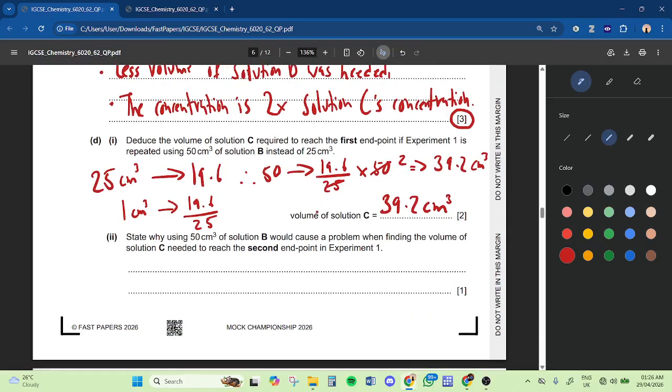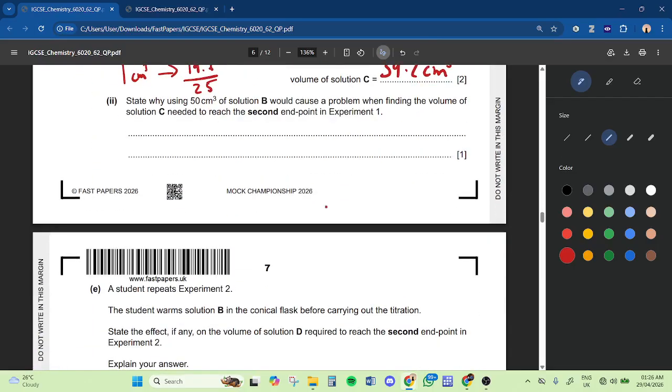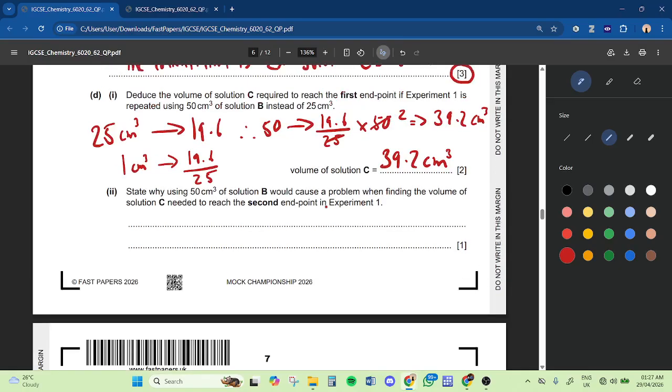Very simple. This is a very interesting question that when I first saw, I was a bit startled as well. Say why using 50 cm cube of solution B would cause a problem when finding the volume of solution C needed to reach the second endpoint. So remember, you have doubled your volume from 25 to 50. So when doing that, you've doubled your volume from 19.6 to 39.2.